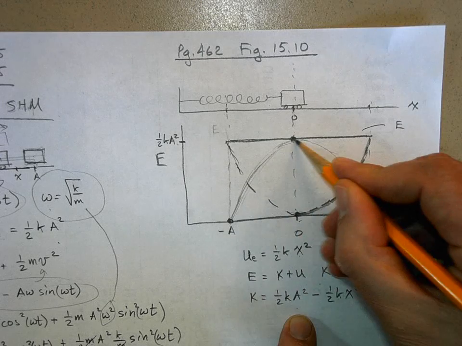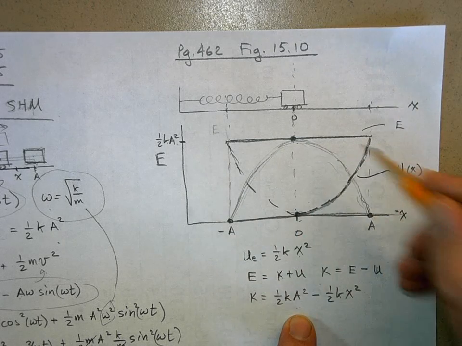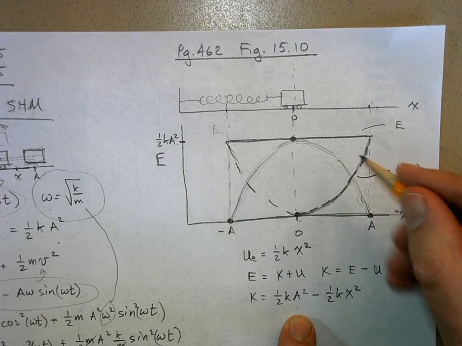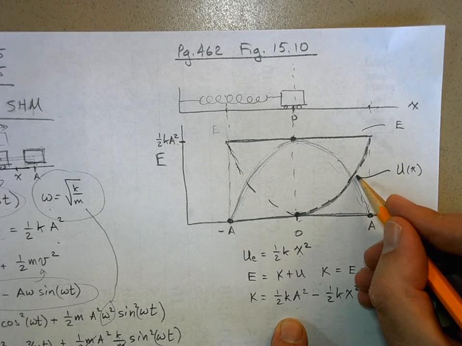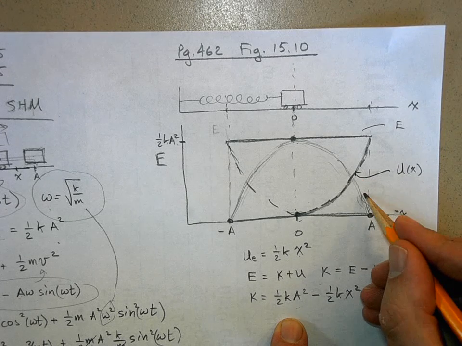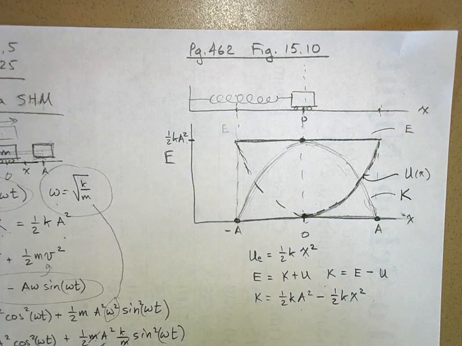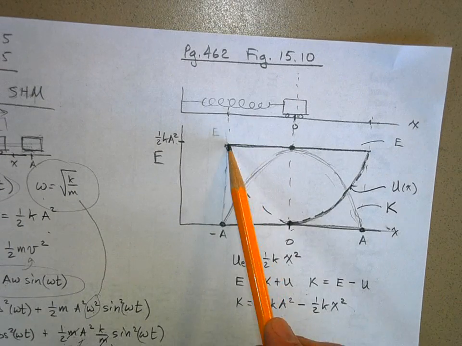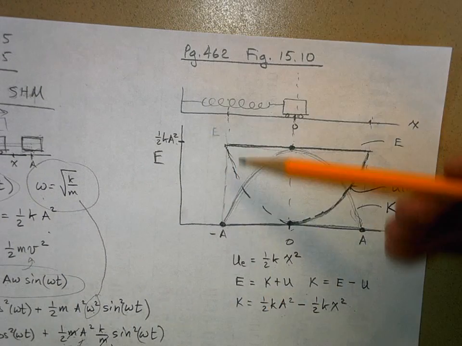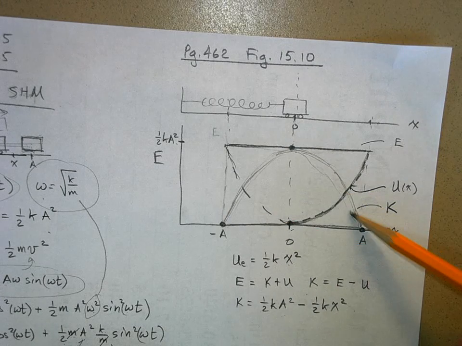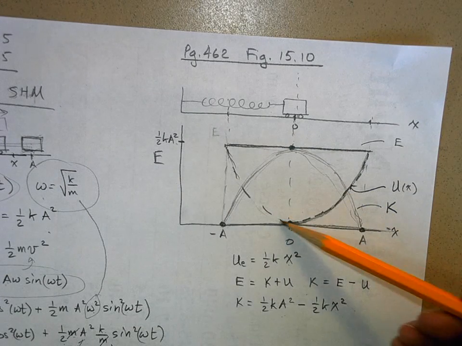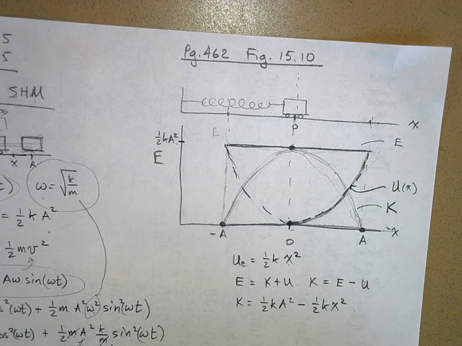So there's my kinetic energy function, K. So this is the total energy. This is the kinetic energy. This is the potential energy as a function of position.